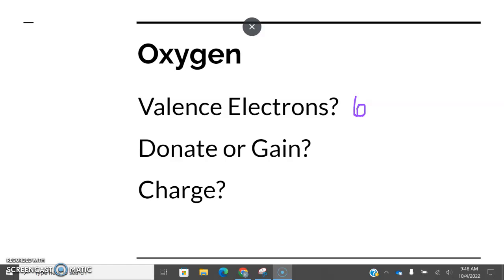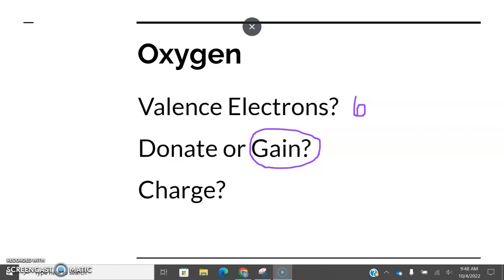We know it has 6 valence electrons because it's in group 16, and we drop the 1, so that's just 6 valence electrons. And because he is a nonmetal, and because he has 6 valence electrons, it's going to be easier for him to gain 2 electrons to fill that octet rule. Okay, he's going to gain 2 electrons to fulfill his octet rule so that he will be stable.